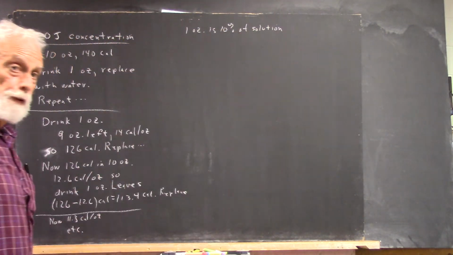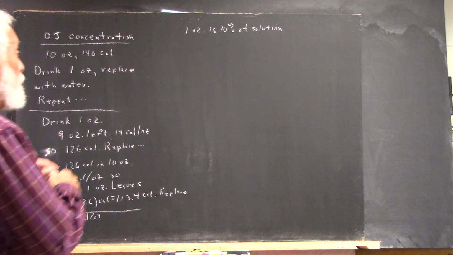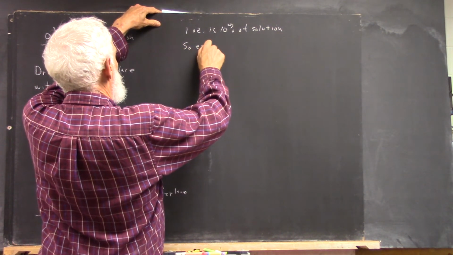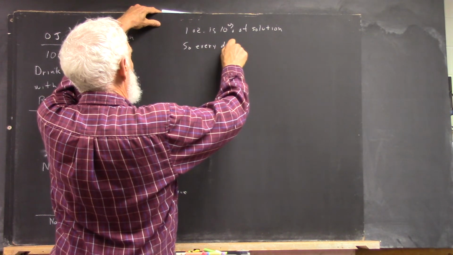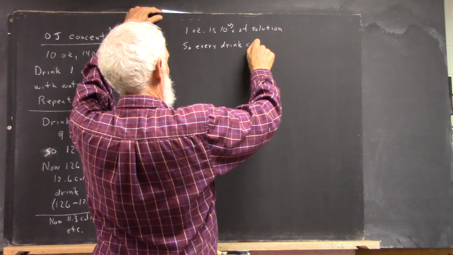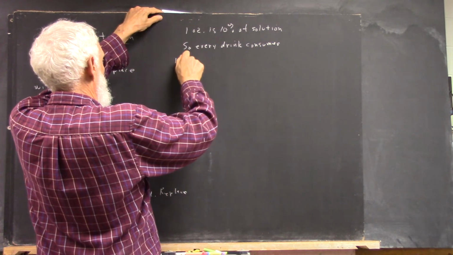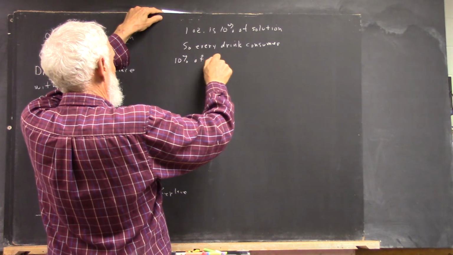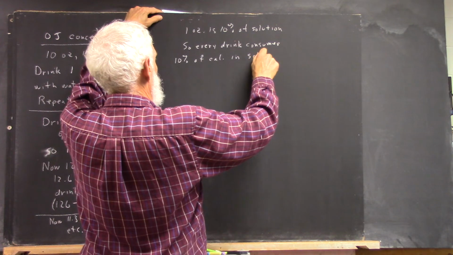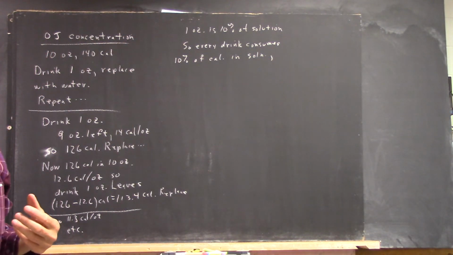One ounce is 10% of your solution, right? So at every step, every drink consumes 10% of calories in solution, right?